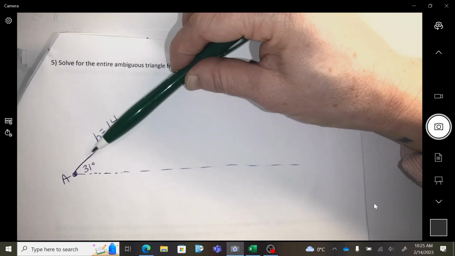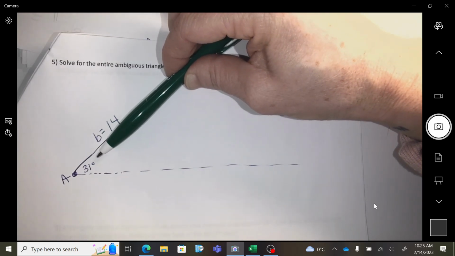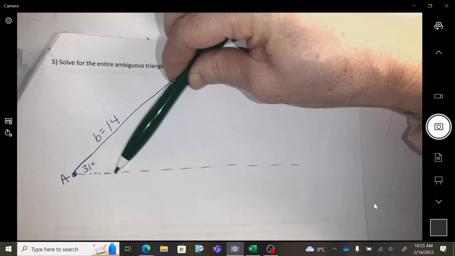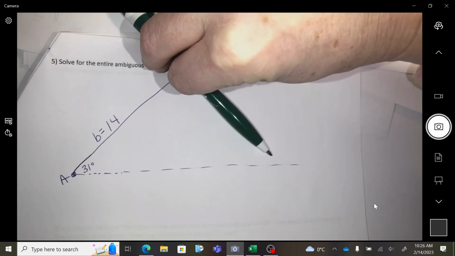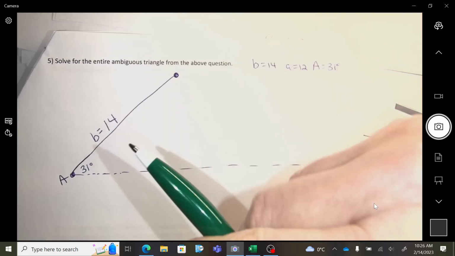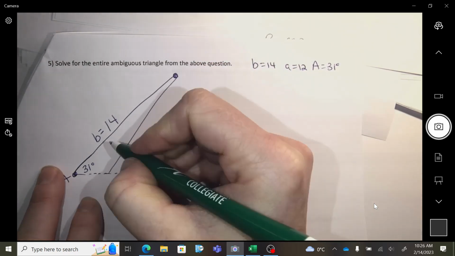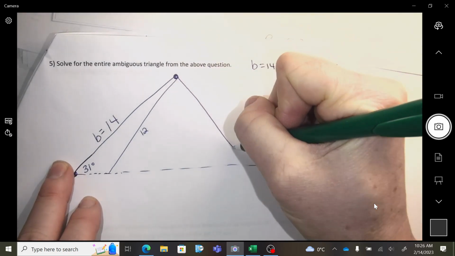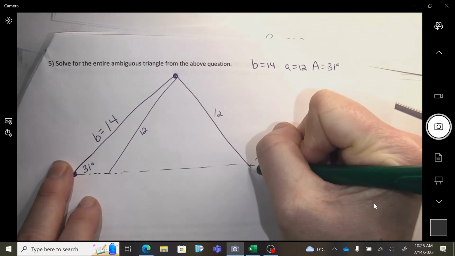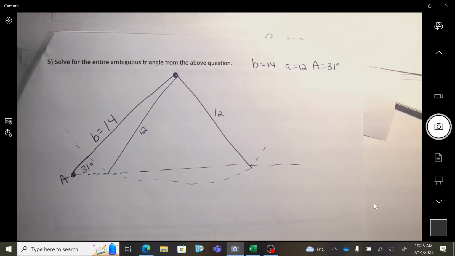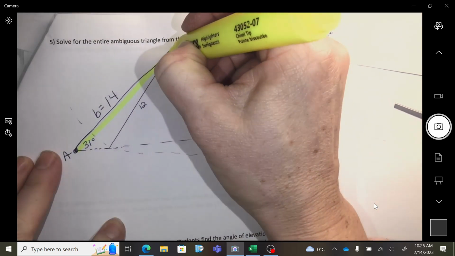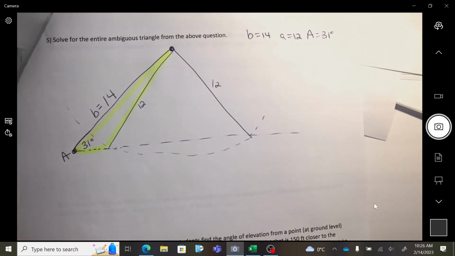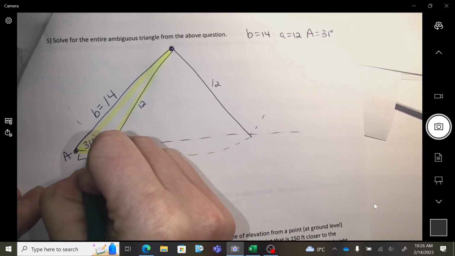12 is less. If I moved 12, where could it touch? Right there? Or over there? It could have hit in that spot or that spot. So one option was 14, 12, and the third side.